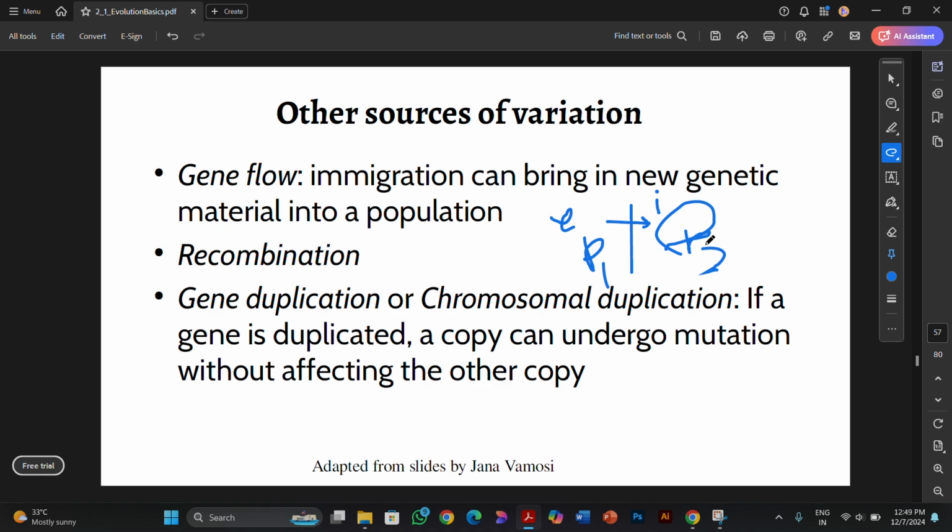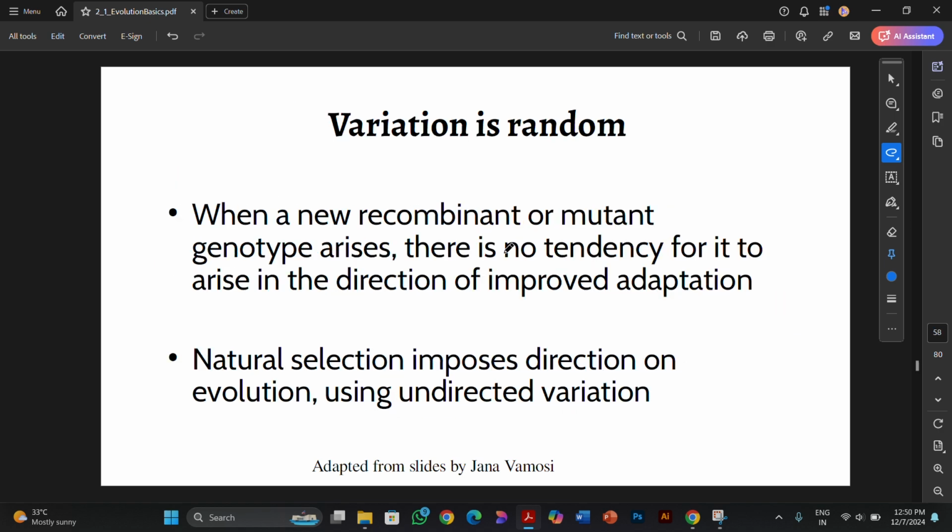Now recombination, you know that is the basic thing that happens in meiosis. Gene duplication: suppose there is a duplicate of a certain gene, and one copy undergoes mutation without affecting the other copy. That is also a source of variation. And variation is always random. There is no tendency for it to arise in the direction of improved adaptation.